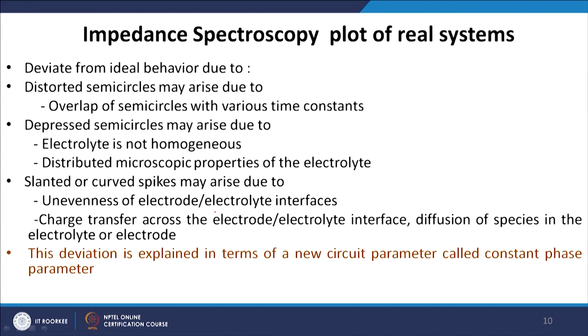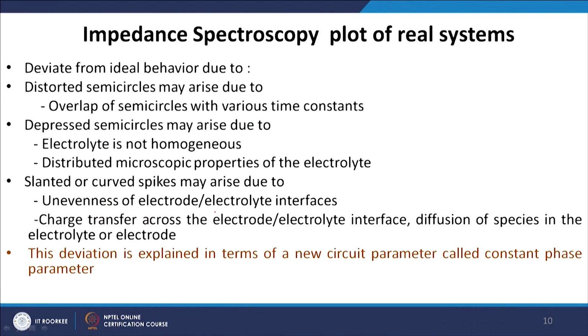Now, this was the ideal case, but what will happen in a real system? In a real system there is a deviation from the ideal case, as always. So, we get distorted semicircles, and this distortion may arise due to the overlap of semicircles with various time constants. The radius of the semicircle gives the time constant of the circuit. A depressed semicircle may arise because the electrolyte is not homogeneous or has distributed microscopic properties.